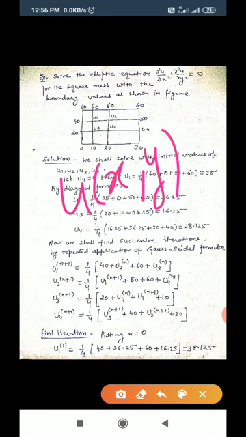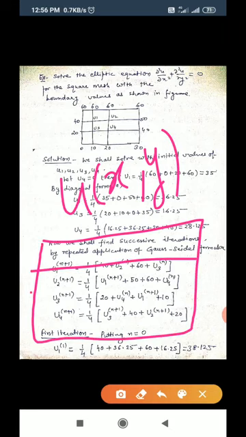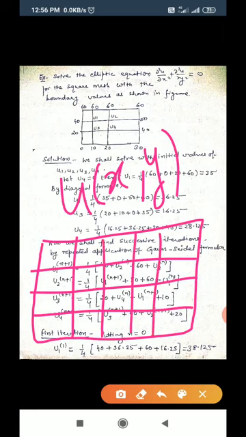Then we divide the region R into equal subregions, or we can say that we divide the region R into smaller squares of side h, where h and k are the same.